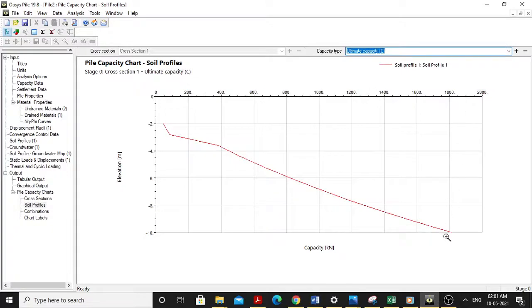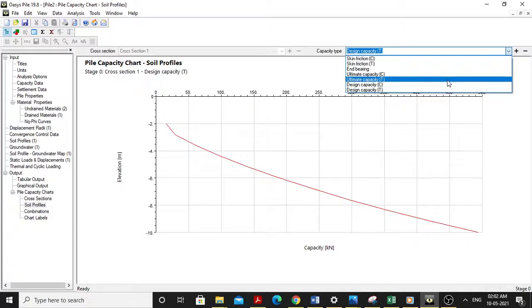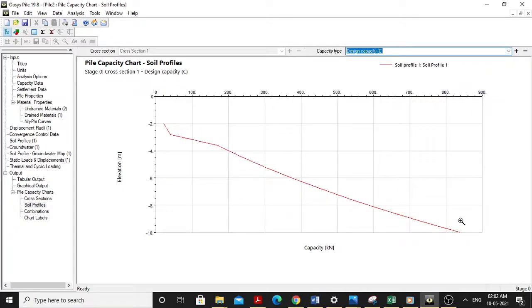Ultimate capacity is 1800, and design capacity in tension is 450, 480, 490, and ultimate design capacity is 800. Here you can find it, and the graph you can also check. In this way you can interpret it more easily.